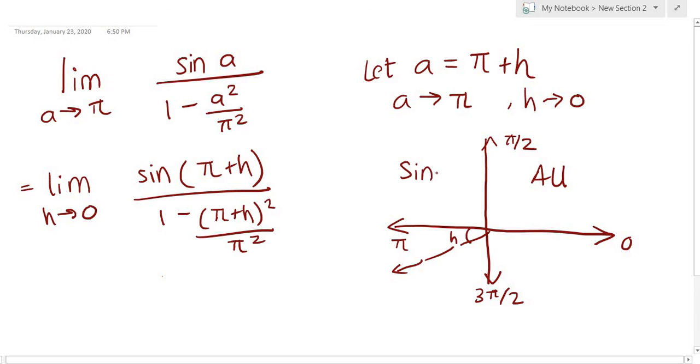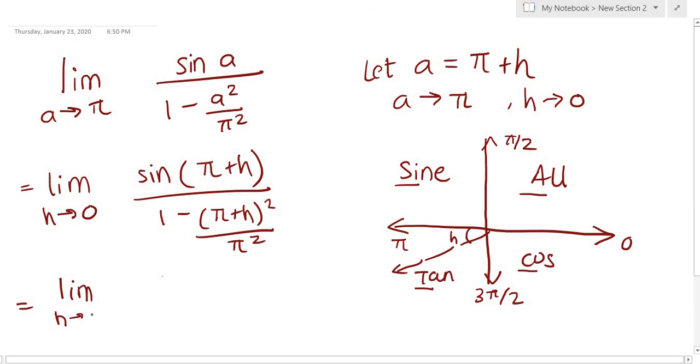Here only the sine family is positive. Here the tan family is positive, and here the cos family is positive. You can remember it as all students take coffee. So here, since only the tan family is positive, we have negative sine h.